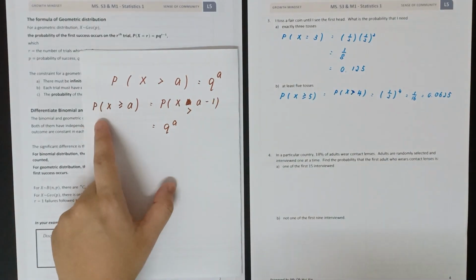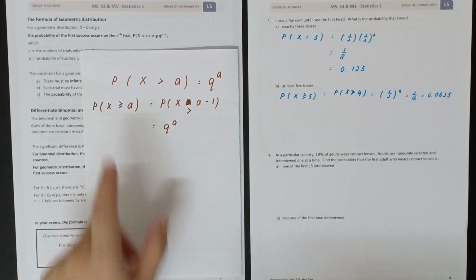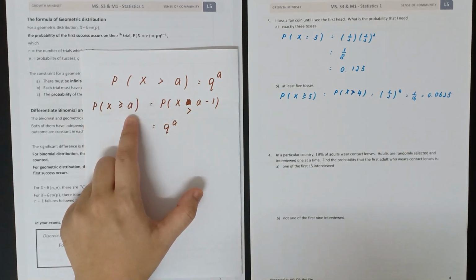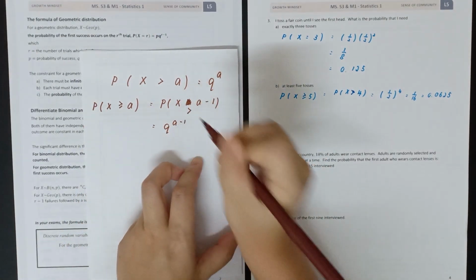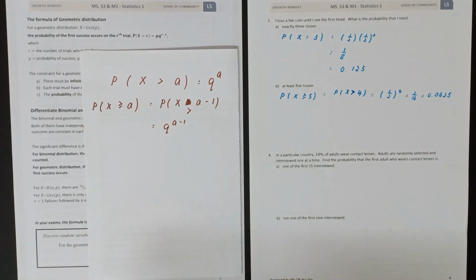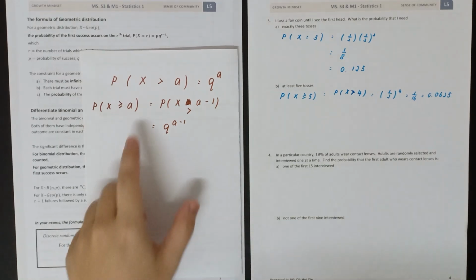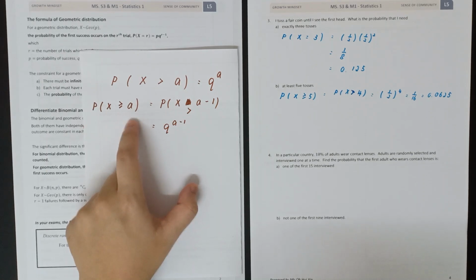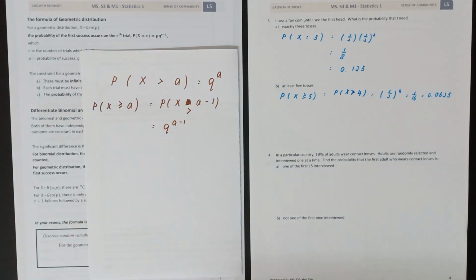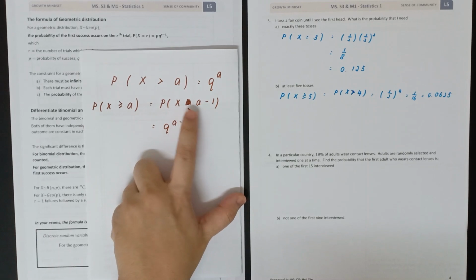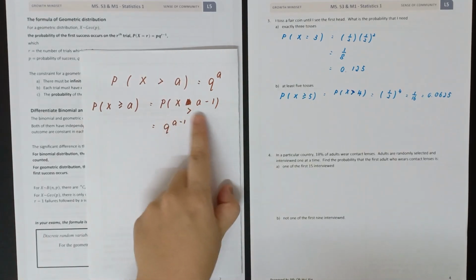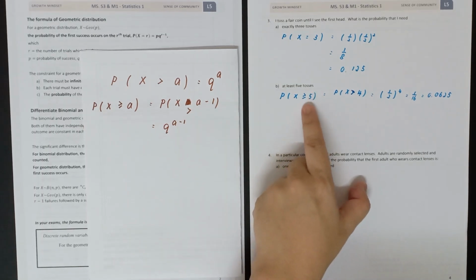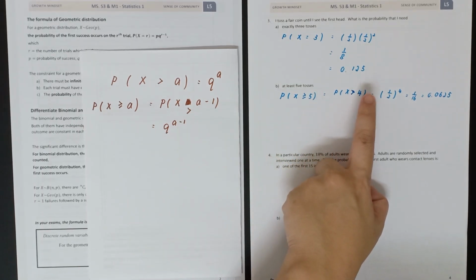Okay, I explain again. The probability for me to need at least a trials to get my first success is basically equal to the probability that the number of trials I need is more than a minus 1, which is like greater than or equal to 5, is basically greater than 4.